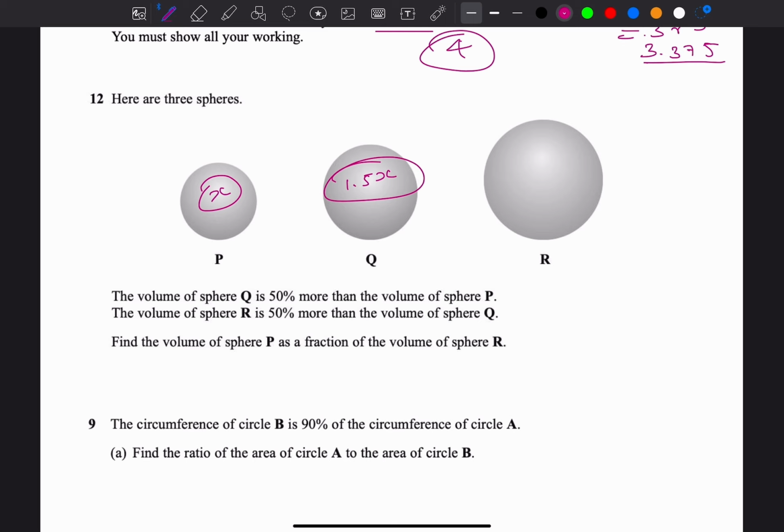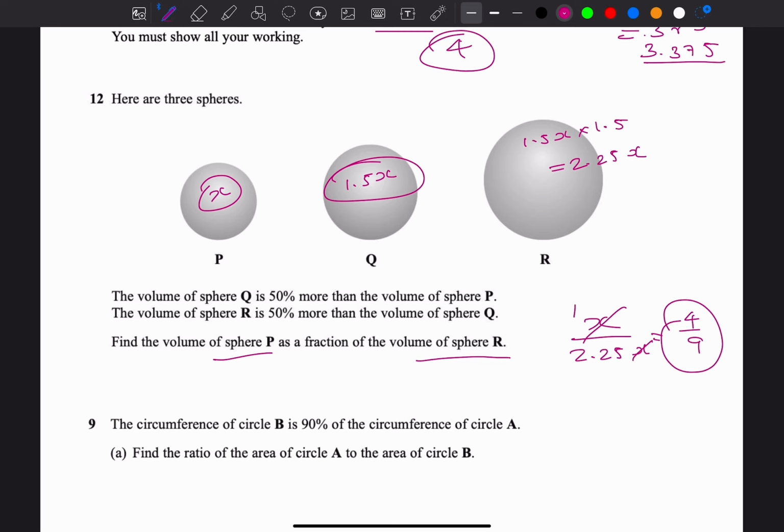So I will take 1.5x times it by another 1.5, because 50% greater means times it by 1.5 again, which will give you 2.25x. The volume of P as a fraction of volume of R is x divided by 2.25x. Plug it through. 4 over 9. Because x and x will cancel and it's technically 1, so that's just 4 over 9.